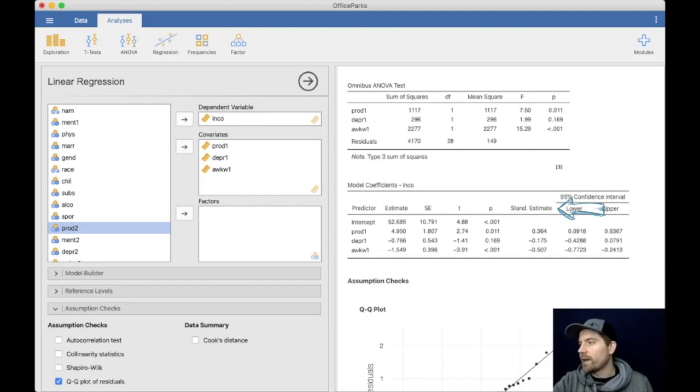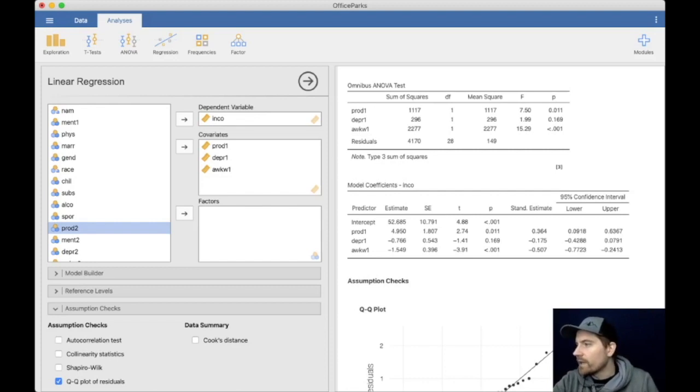We can use our standardized estimates to understand how strongly these are related to the income. This says productivity, this is approximating a partial correlation, which means a correlation controlling for the other variables.